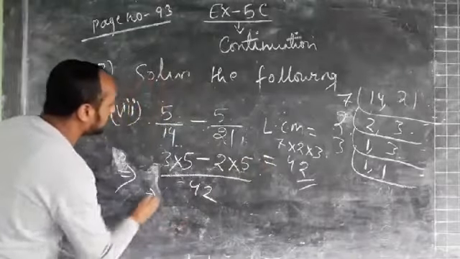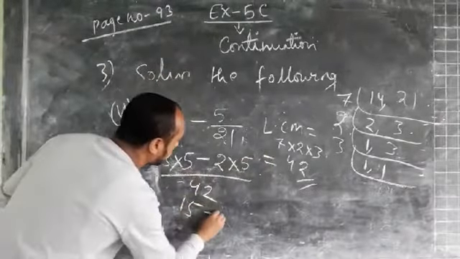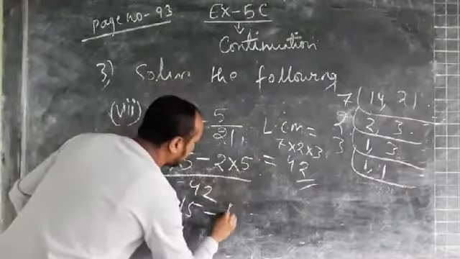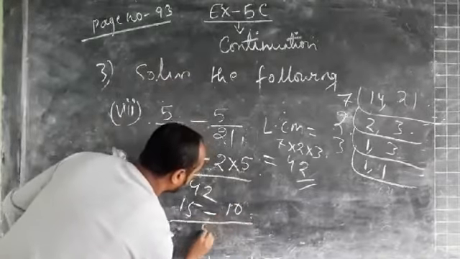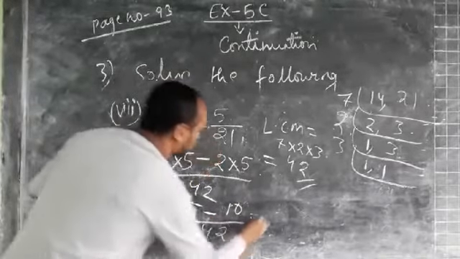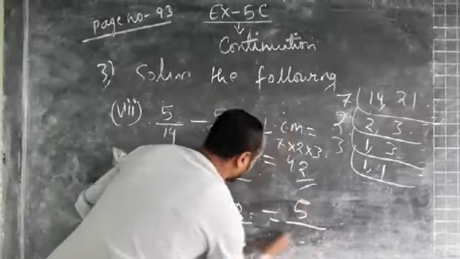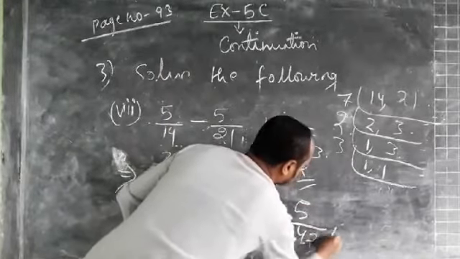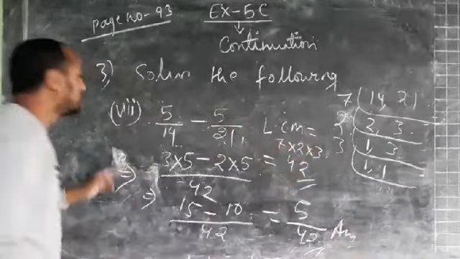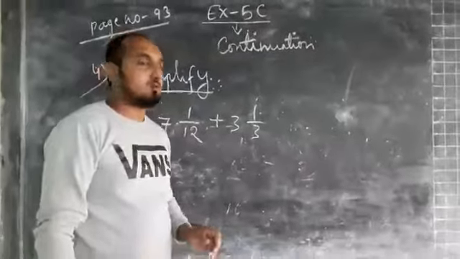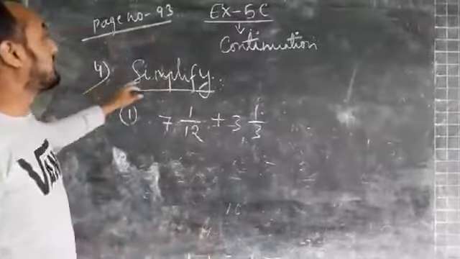So here we will get 3 5s are 15 minus 2 5s are 10 divided by 42. So 15 minus 10, we have 5 by 42. So this is the answer for question number 7. Now next question we have question number 4, simplify.